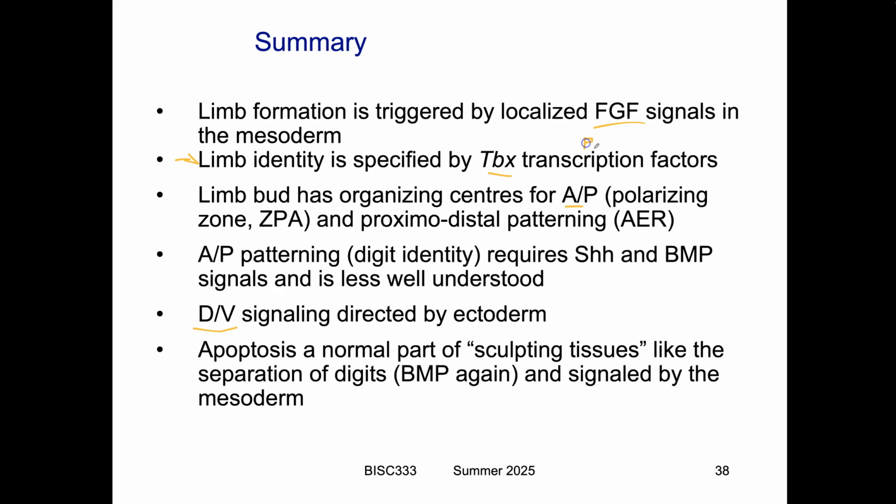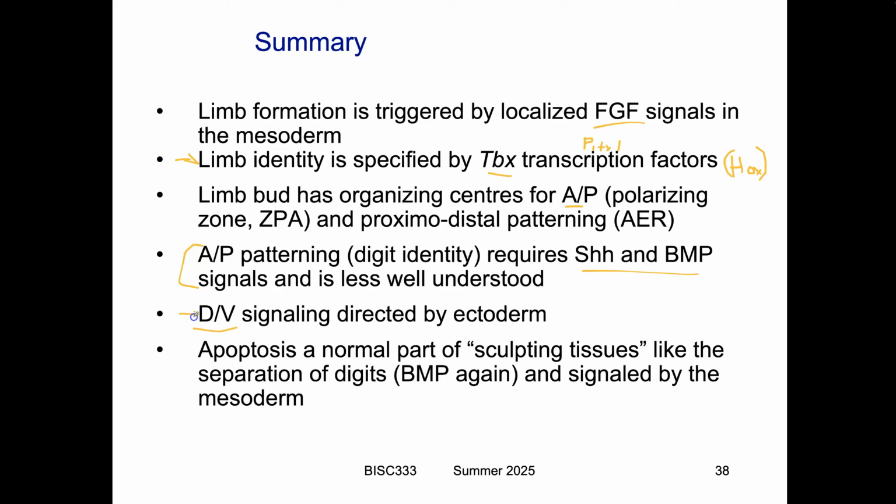Remember, though, PITX1 for the hind limb is the real one that specifies that, and that these are related to Hox genes, but in some cases we just don't know exactly what the Hox gene targets are and exactly how they work. Anterior posterior patterning and digit identity requires both sonic hedgehog and BMP signals, and we went through lots of details about that.